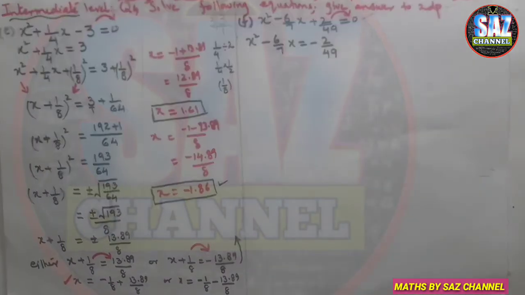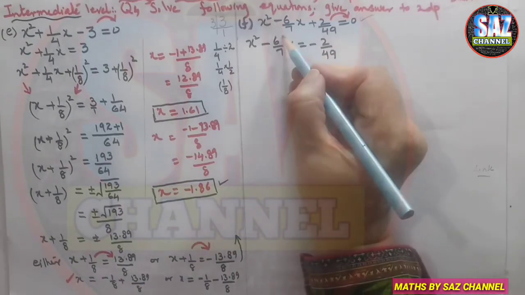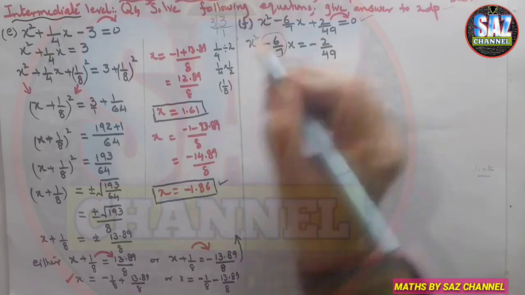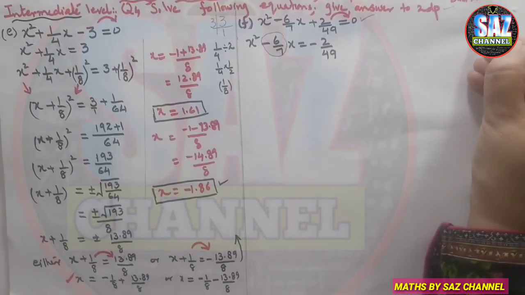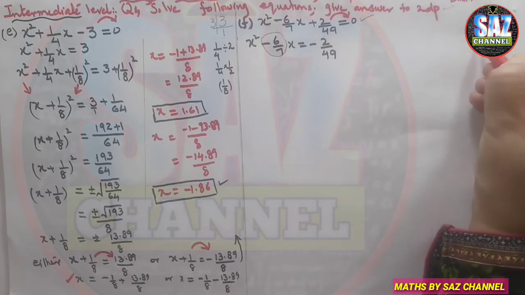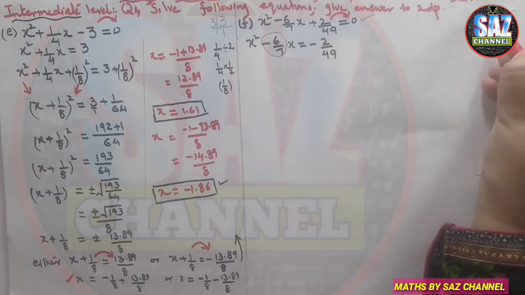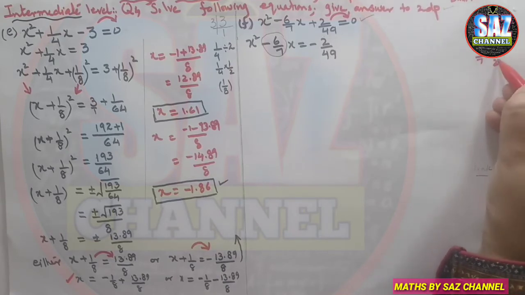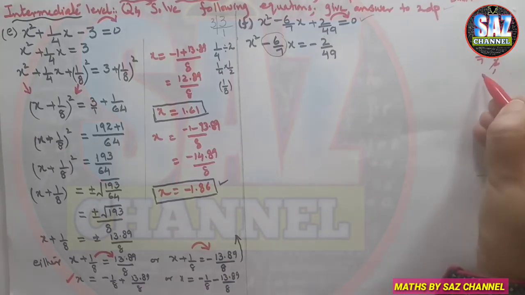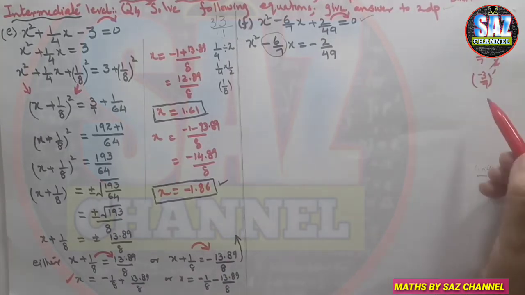Now focus your attention and identify the coefficient of x, that is minus 6 by 7. Make it half, meaning divide by 2. Take the reciprocal: minus 6 by 7 multiplied by 1 by 2. 2 ones are 2 and 2 threes are 6, so this is minus 3 by 7. This is half of the coefficient.